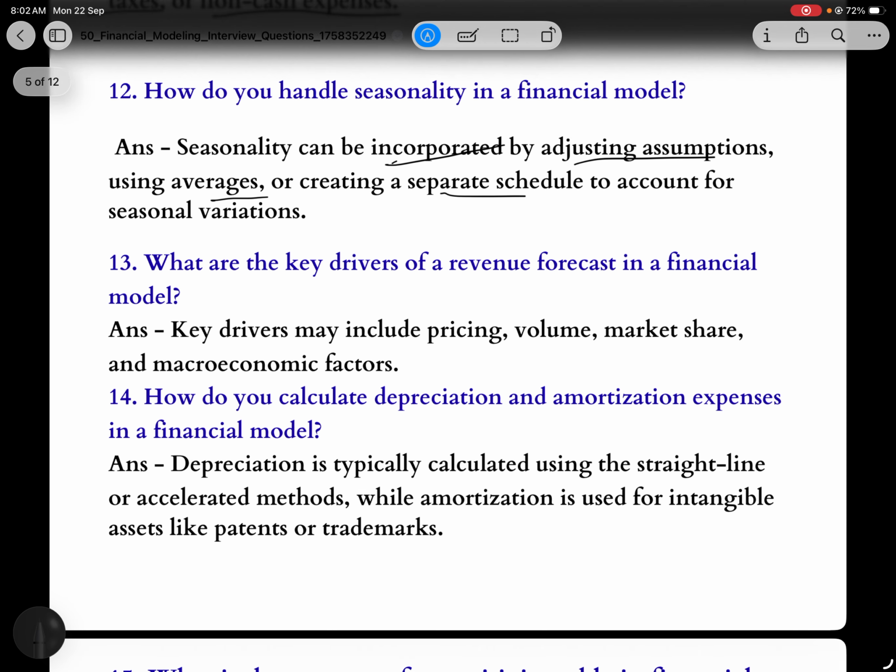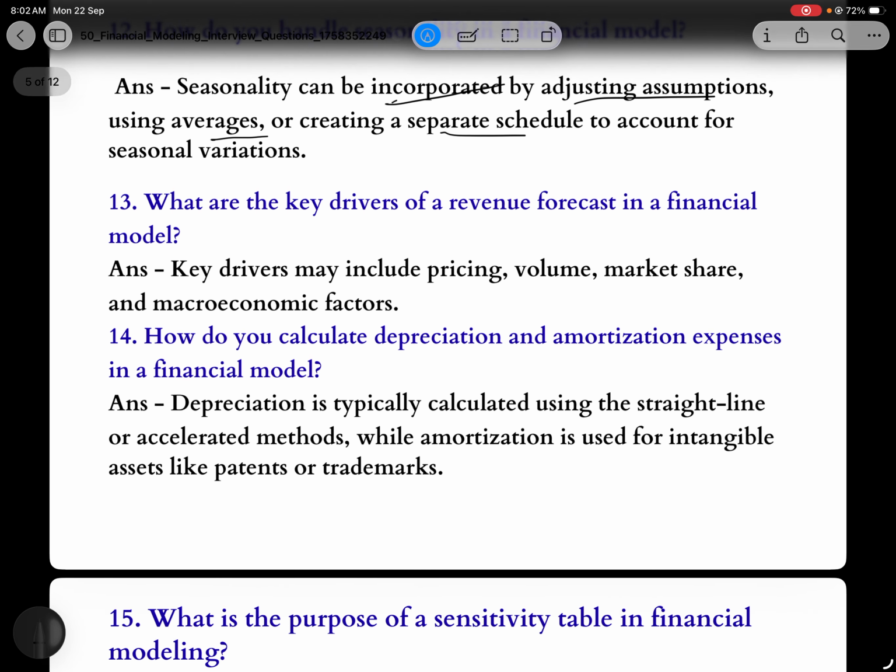So, what are the key drivers of revenue forecast? In a financial model, in terms of revenue, it's always the pricing, it's always the volume, it's always the market share. And normally people tend to do this, right? So, in terms of simple valuation, you tend to do pricing, volume, and then market share.